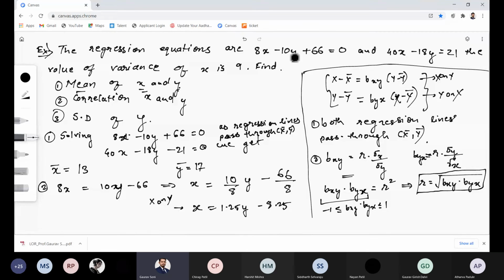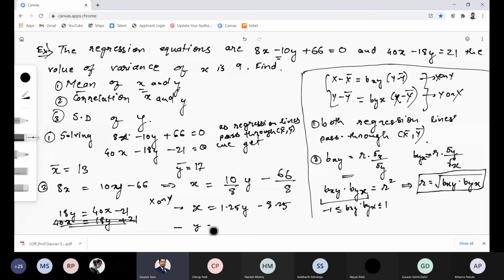And for this I have used the first equation. For the second equation I have 40x is equal to 18y plus 21. So 18y is equal to 40x minus 21.